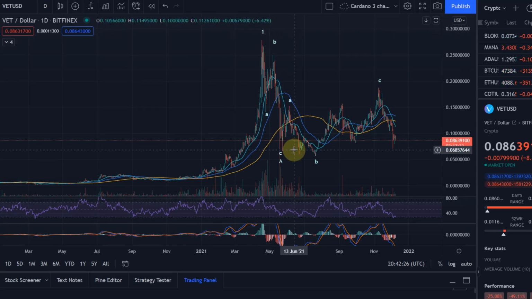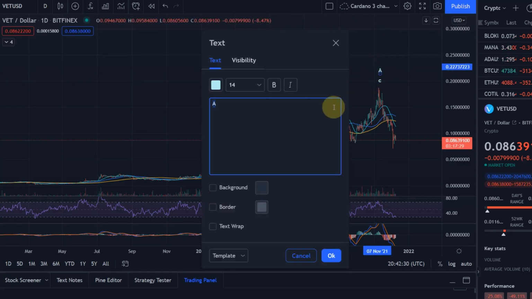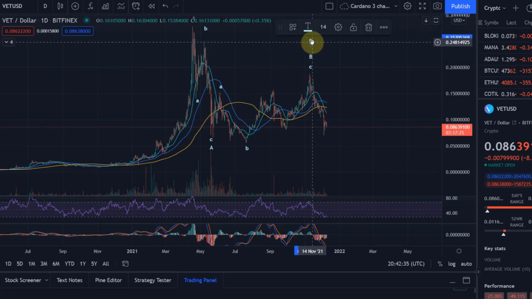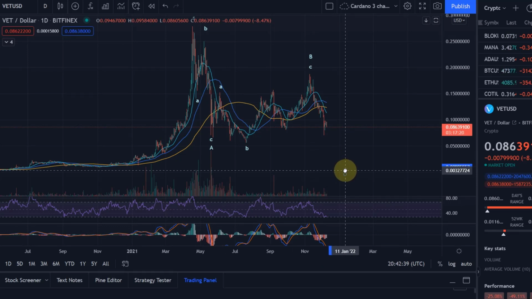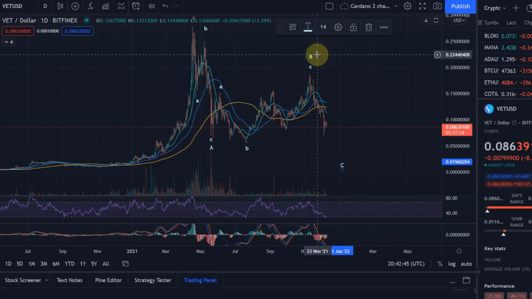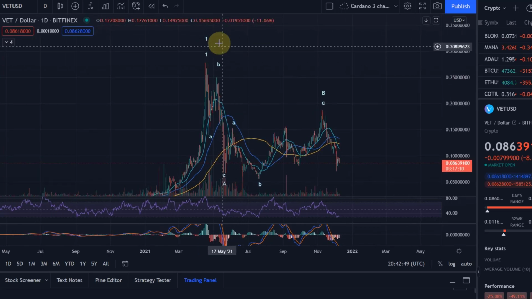You will get a 3-wave move to the downside, A, B, and you can probably see what's coming already: a wave C, which will come lower than the wave A. There you go. I think that's where we're going to land, somewhere down there. And this A, large B, large C forms that wave 2 correction after that wave 1.